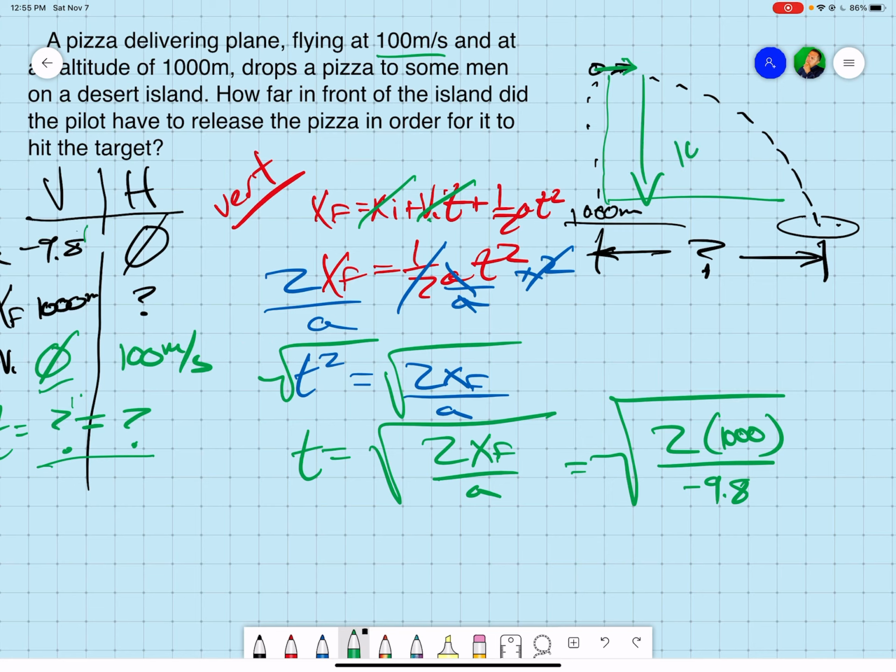So those negatives will cancel out. Okay, and I do square root. So let's plug it in. Square root of 2 times 1,000 divided by 9.8 because the negatives canceled out. And I get 14.3 seconds. All right, so that was all vertical.